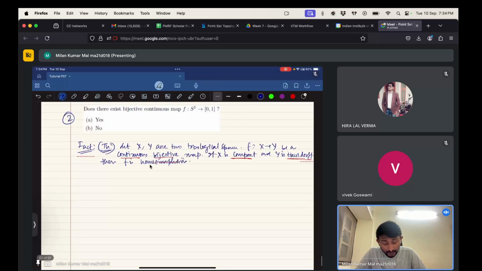So the question here is, does there exist a bijective continuous map F from S1 to [0, 1]?